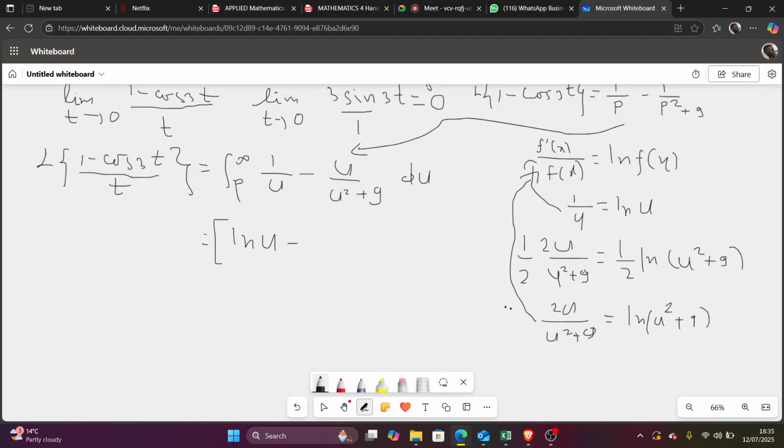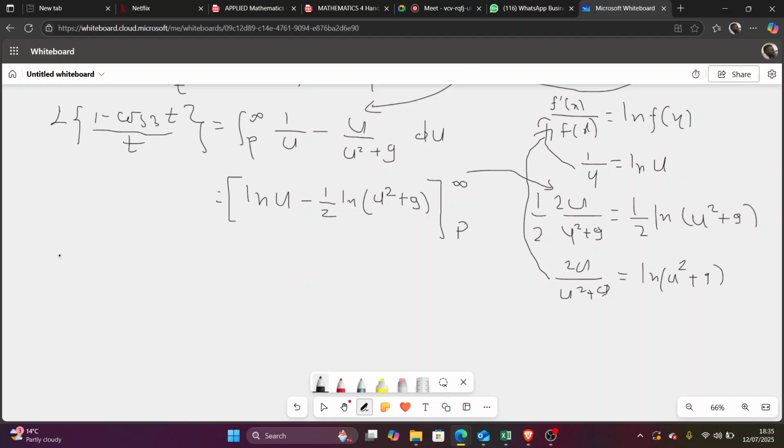So literally, the solution here will be half of ln of u square plus 9. Any question, guys, on how we got the half? I explained it aside here. Now, remember your limits are P and infinity. So what do you do here? You do upper limit minus lower limit. Let me write it here so that you can see.